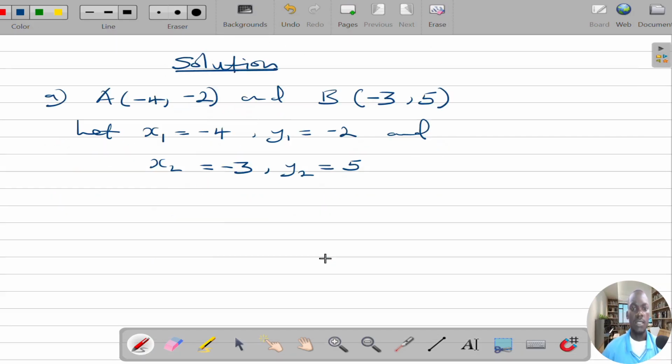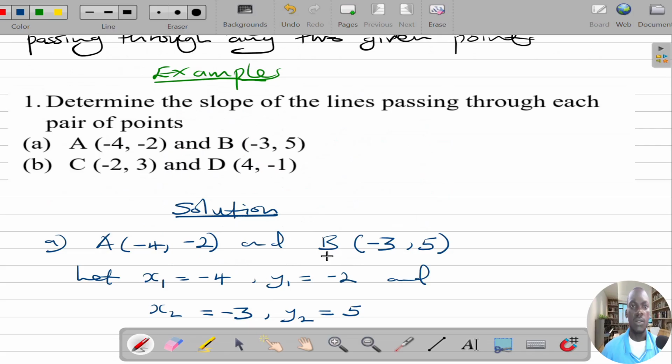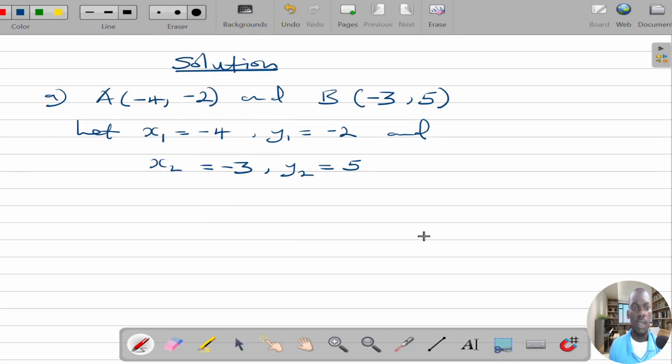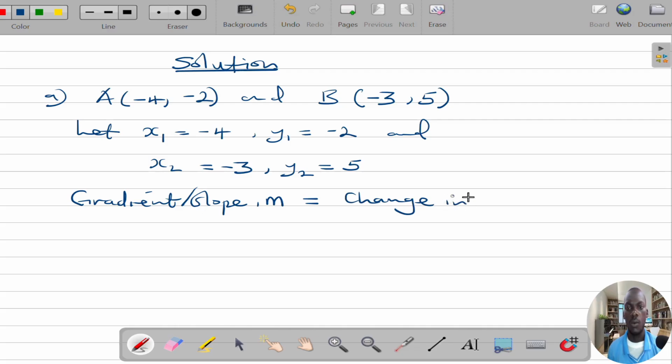Having realized that, remember we are determining the gradient of a line passing through these two given points. Here we employ our formula: gradient or slope, abbreviated as m, equals change in y divided by change in x.